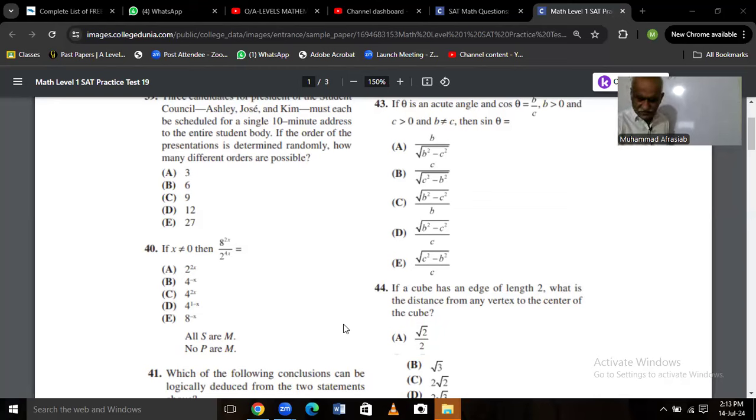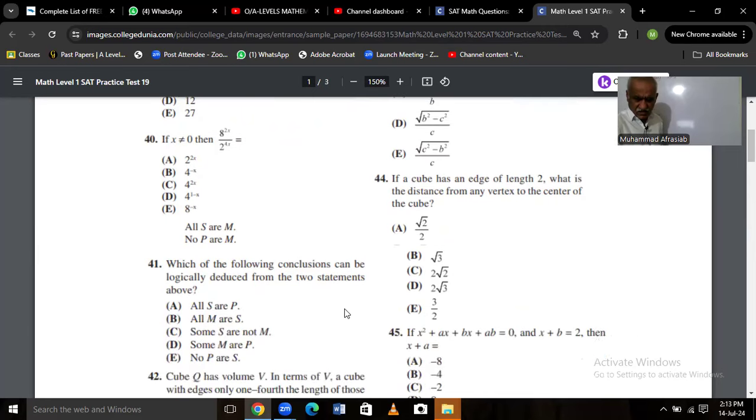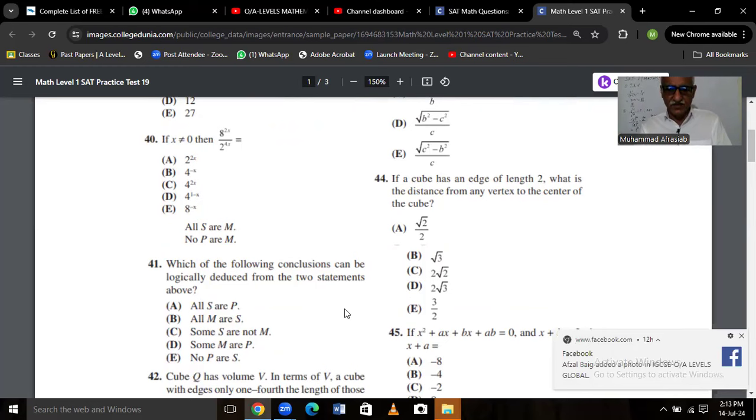Now question number 3. All S are in M and no P are in M. Which of the following conclusions can be logically deduced from these two statements above?